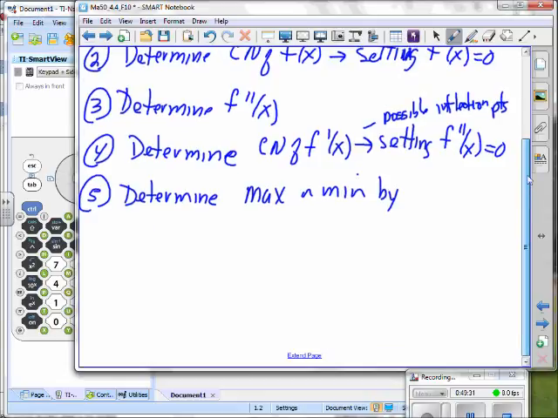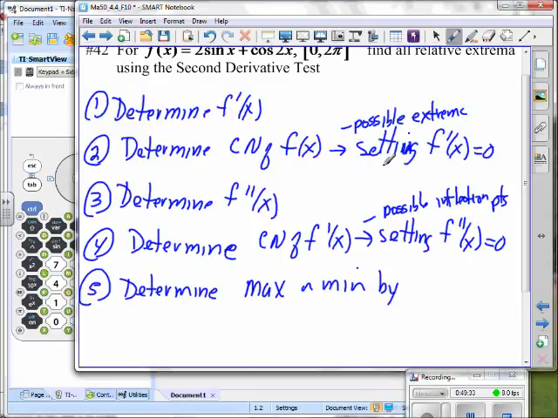You can go back. Critical numbers are zeros of the first derivative. Unlike you, I keep wanting to say critical numbers of the first derivative. It's really not. It's critical numbers of the function by finding zeros of the first derivative. So these now are zeros of the second derivative, which are critical numbers of the first derivative.